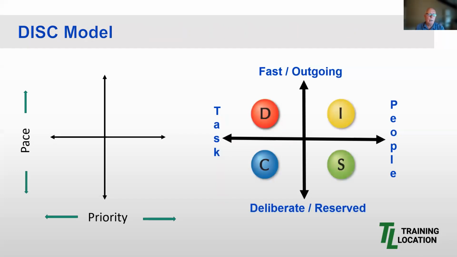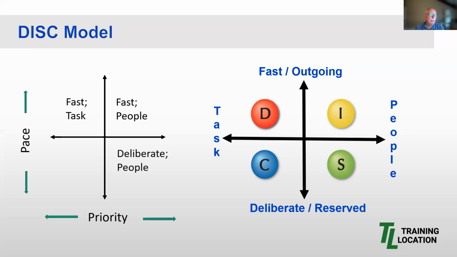Before we move on, however, let's break it down with the descriptors we saw on the last slide. So in the D quadrant, you'll see the fast pace with a task priority. In the I quadrant, you'll see again a fast pace like the D, with a people orientation on the priority line.